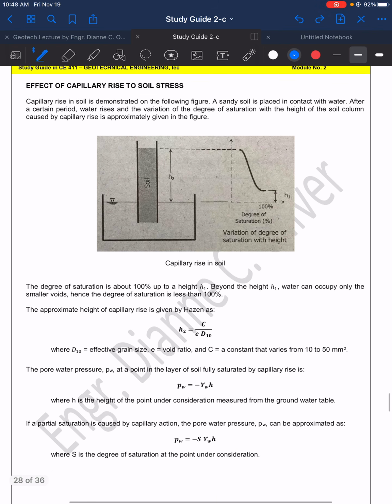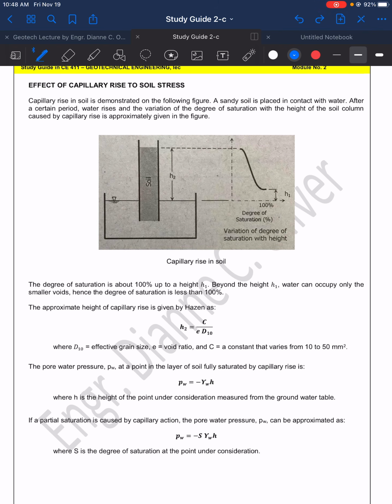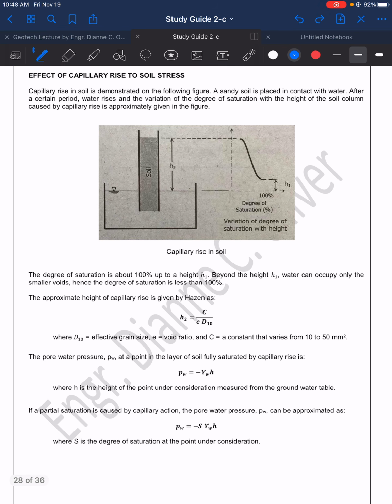Let's go to the effect of capillary rise on soil stress. There is an effect on the soil stress when it comes to capillarity. Capillary rise in soil is demonstrated in the following figure. A sandy soil, this soil here, is placed in contact with water. So water is located in this container.